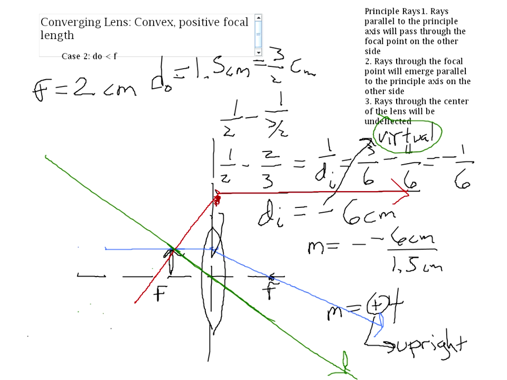So in that case, what you do is you extend the rays backwards from the lens. So let's extend the blue one backwards. I'll extend it with a dashed line. Okay, I've already extended the green one backwards. Let's extend that red one backwards.